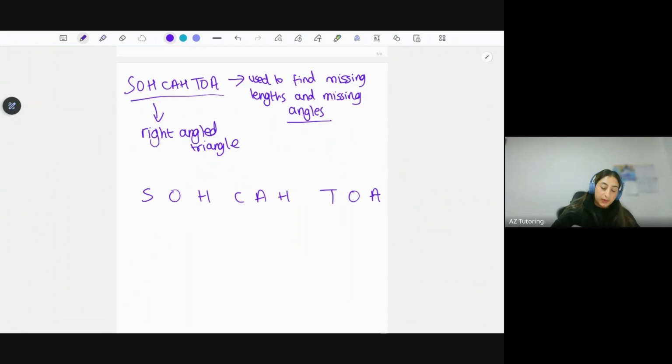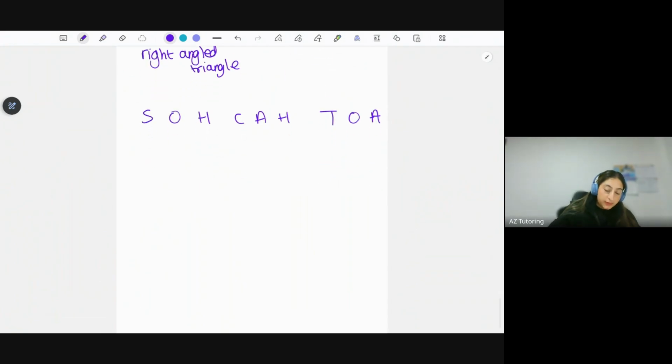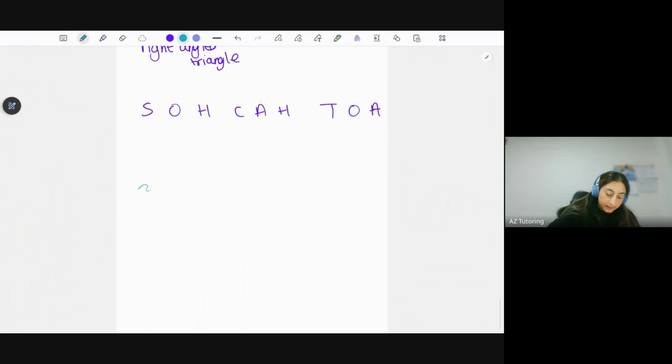So in SOHCAHTOA, if I just draw a triangle, it'll make more sense. If you have a right angle triangle, and let me just draw an angle given, say the angle x degrees. Instead of labeling it A, B, and C like in Pythagoras, with SOHCAHTOA there's three names that we label a triangle with.